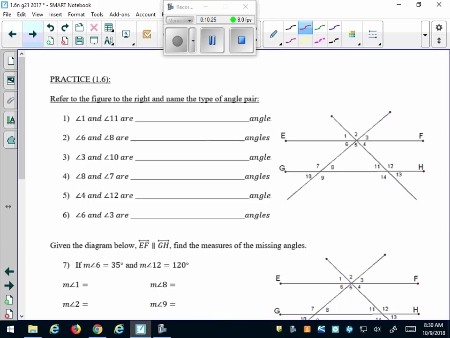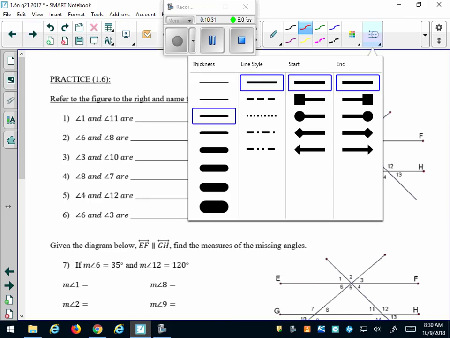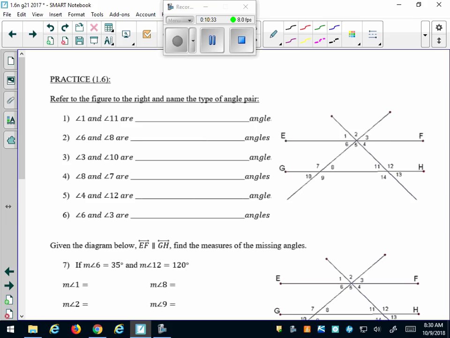All right, so let's see how this applies here. Look at the diagram to the right. All of these angles, if we just know one or two of them, we could end up being able to figure out all of them based on these relationships. So if we know that the lines are parallel, angle 1 and angle 11, right? So it doesn't actually say these lines are parallel, but we're going to say that they are.